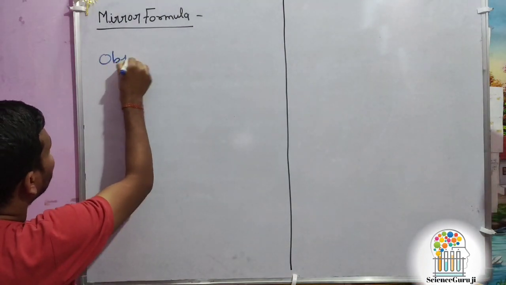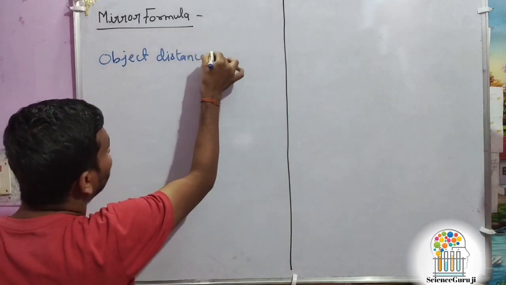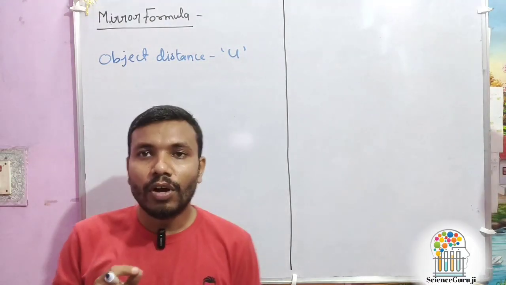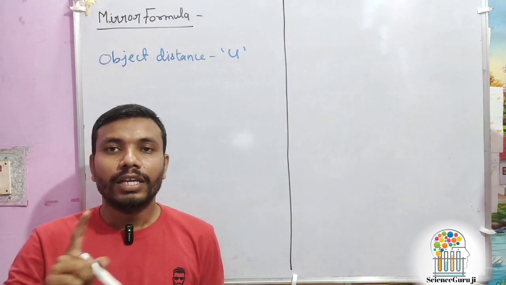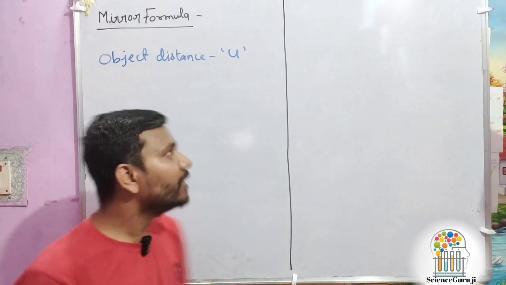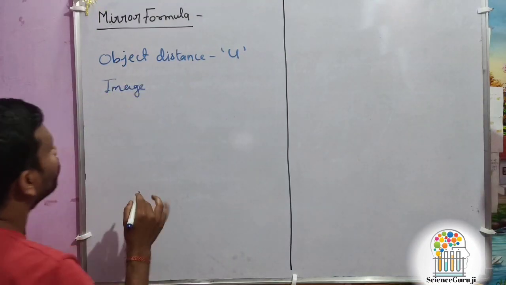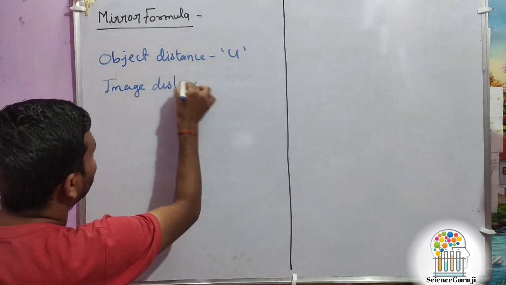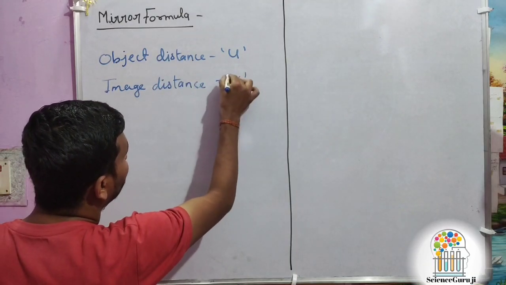The object distance is denoted by small u, and the distance from the pole to the image is considered the image distance. The distance from the pole to the image is known as the image distance, and it is denoted by small v.